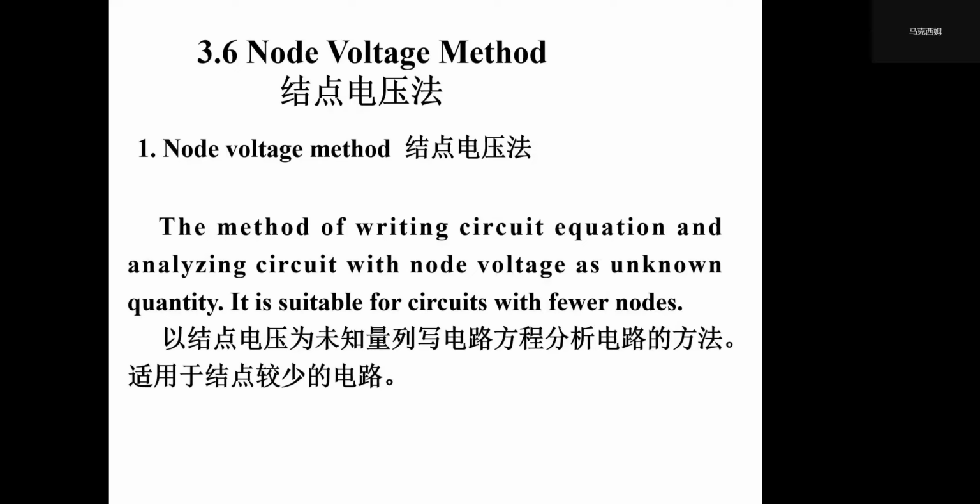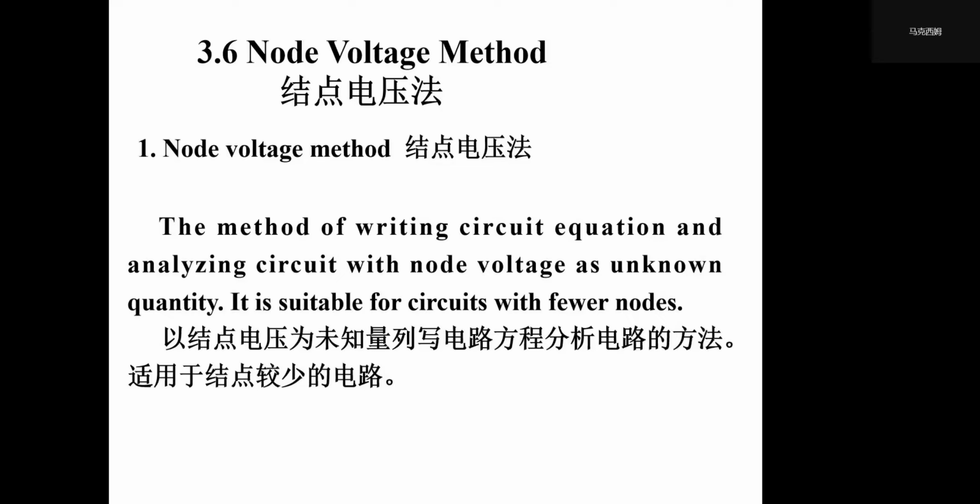If you have lots of nodes but not too many branches, you should take the branch current method to reduce the number of unknown variables. But if you have a circuit with many branches but not many nodes, we can use the node voltage method to avoid too many unknown variables.